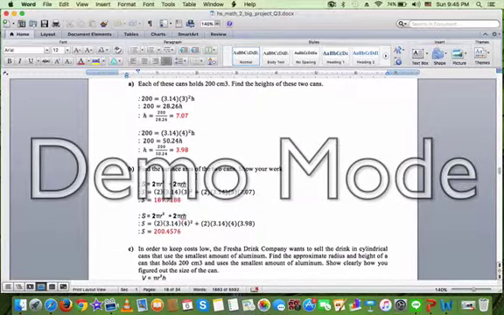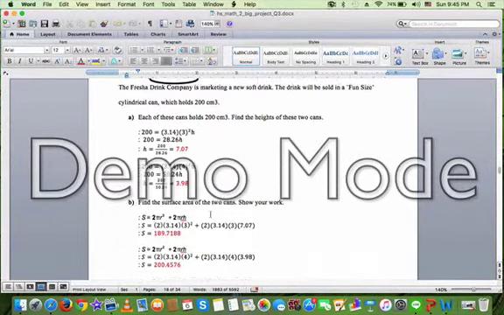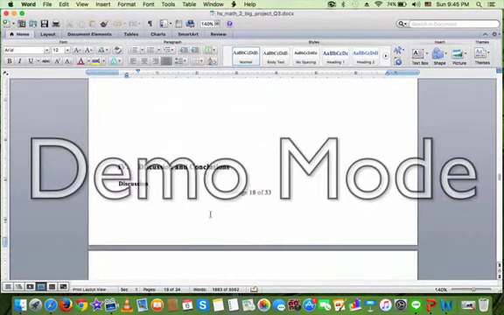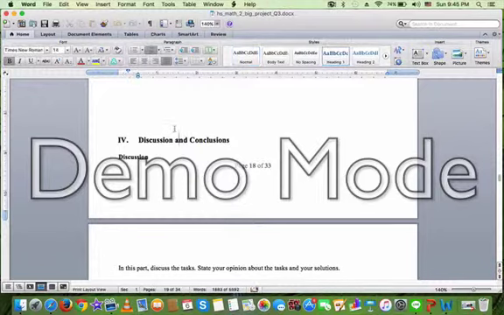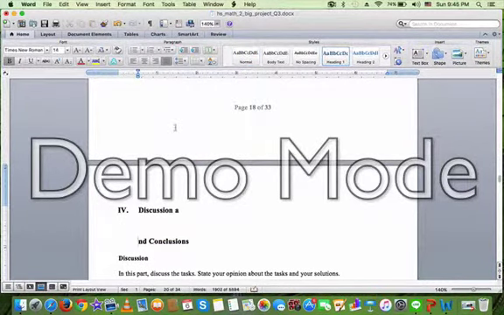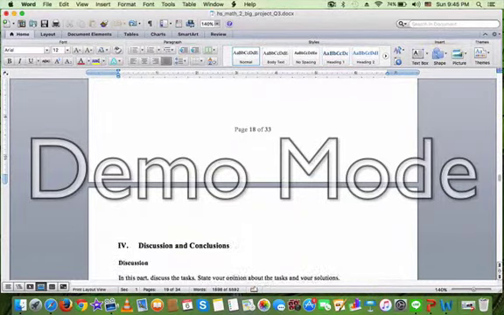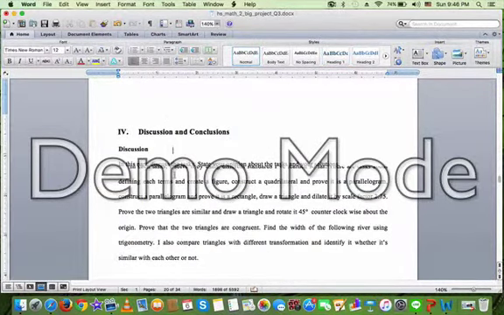For the cans I used a radius of 3 and 4, which ends up getting the height of 7.07 and 3.98, and the surface area is 189.7 and 200.4. So this is what I did.